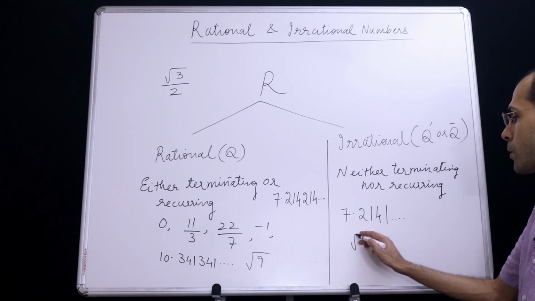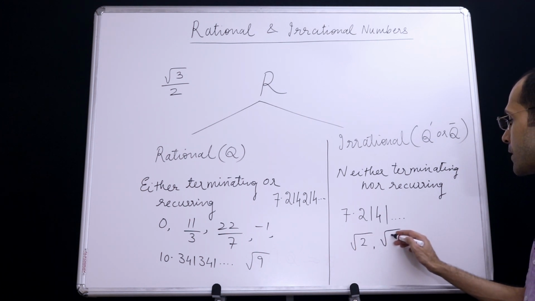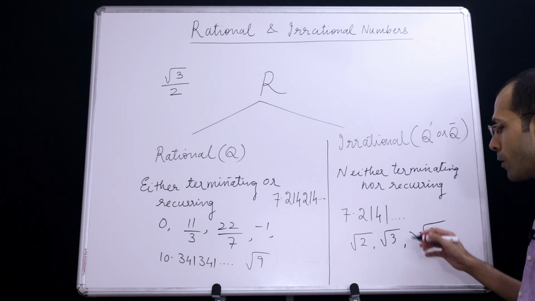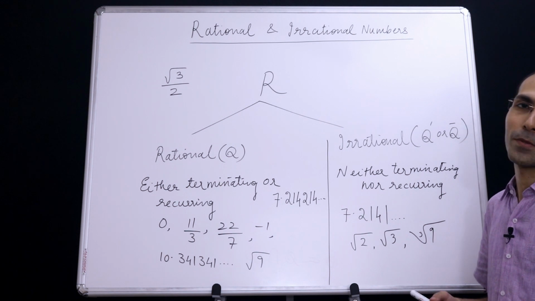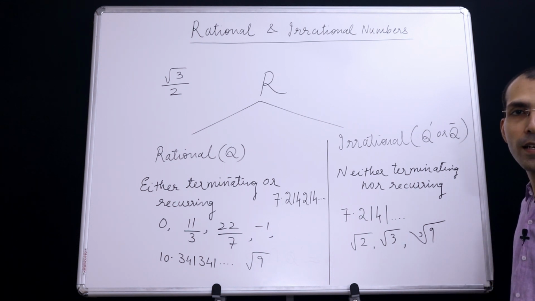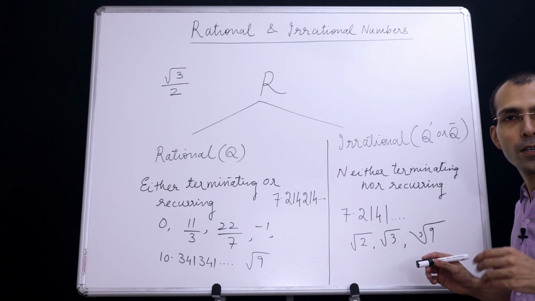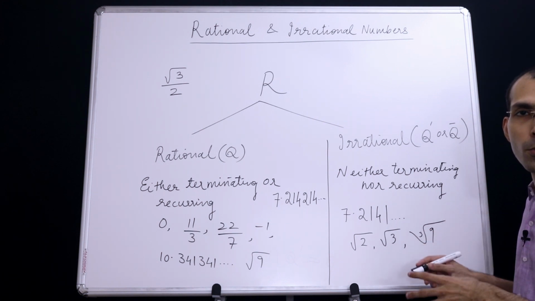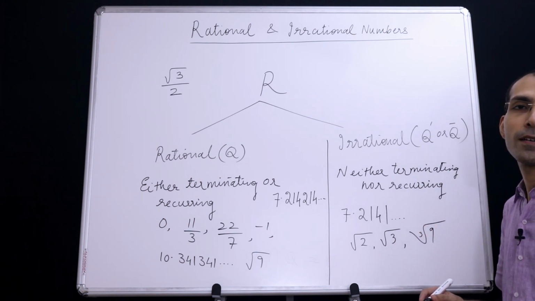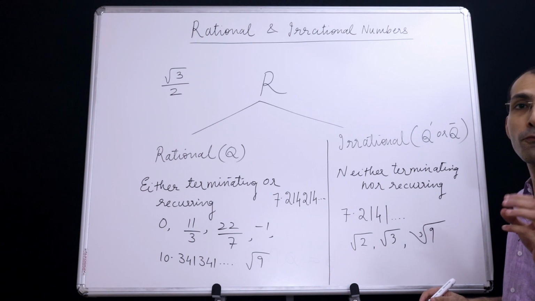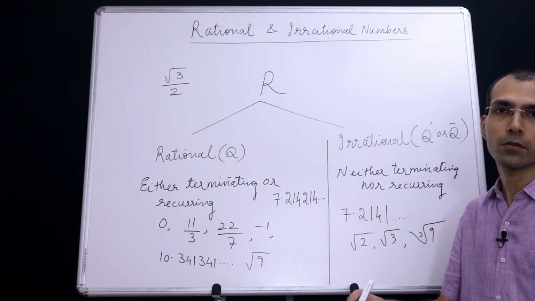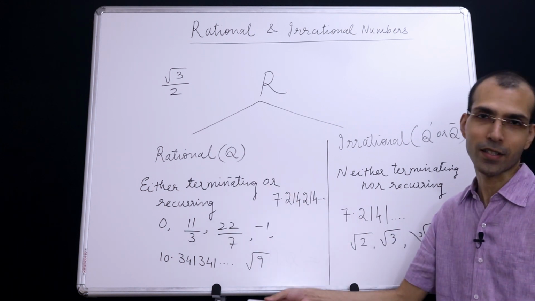Then square root of 2, square root of 3, cube root of 9, all these are irrational numbers. So remember, all square roots and all cube roots would be irrational numbers, except the square root of perfect squares, like square root of 16, that is 4, so then that is terminating, so it is rational.